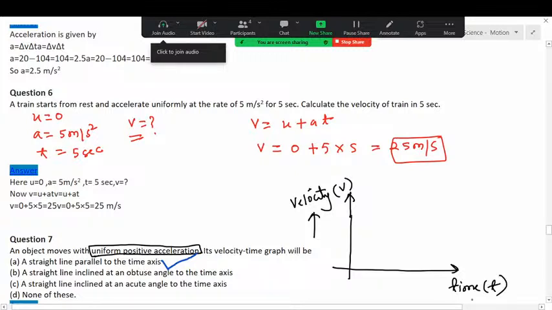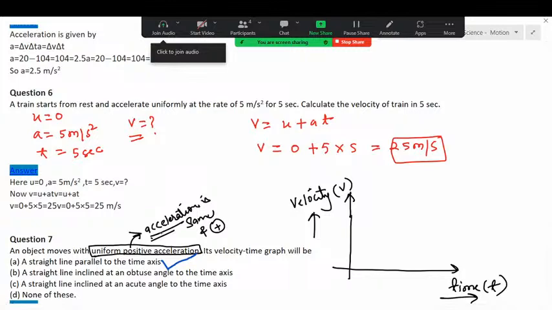As you keep on increasing the time, what will happen with velocity? We need to figure this out. The question says uniform positive acceleration. Uniform means acceleration remains the same, but it is positive. If uniform acceleration is there, there must be an increase in velocity.